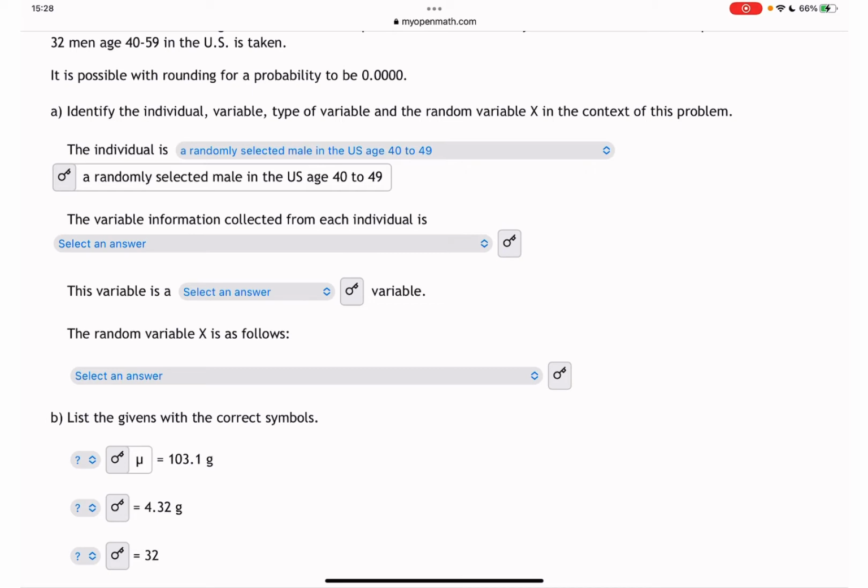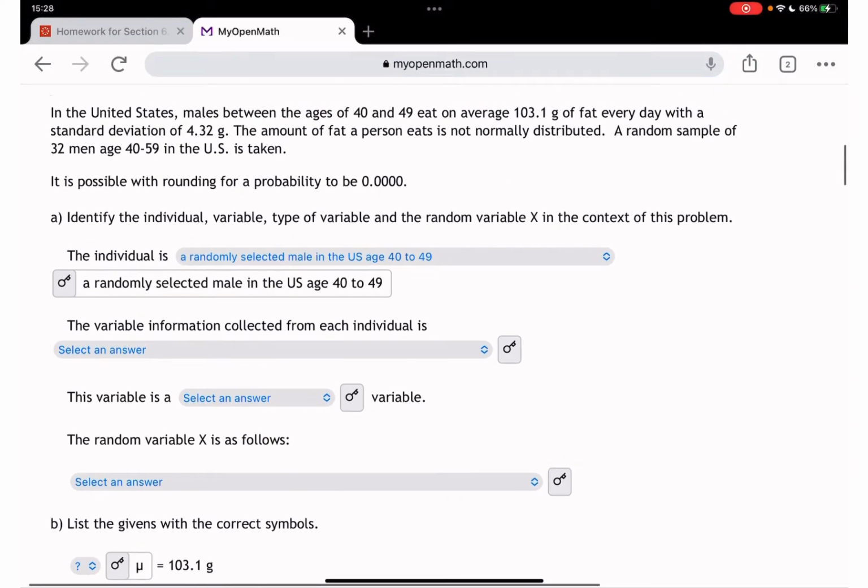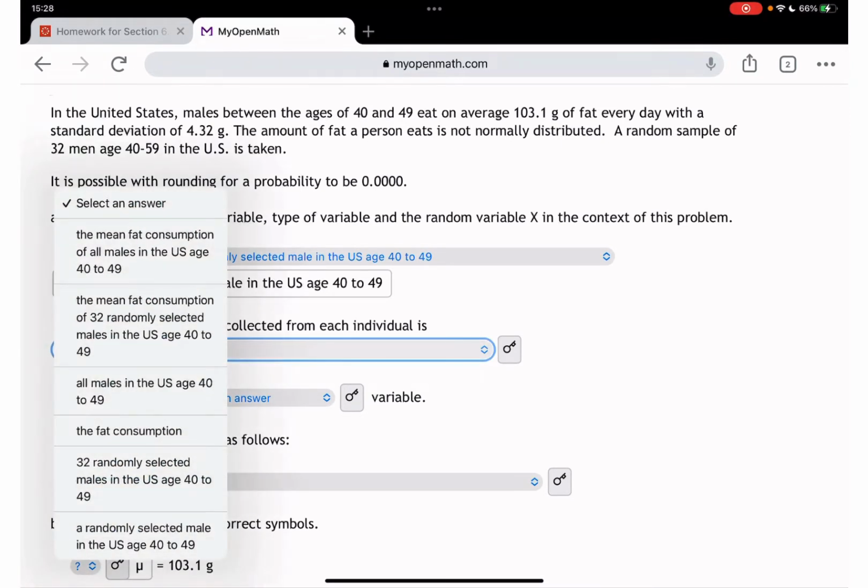A variable, the information collected from each individual is, what did they collect from each individual? Let me see what options they give. The mean fat consumption of all males in the US. Well, this is not all males. It just says males in the United States between the ages.